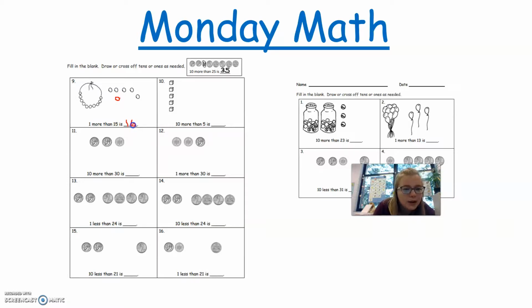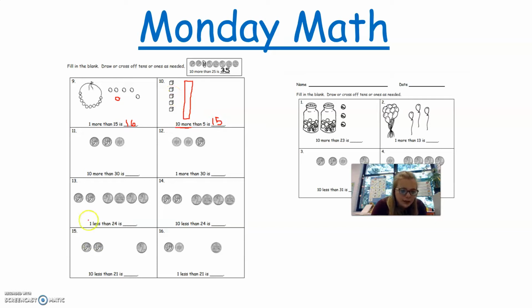Remember, 1 more, you're going to add a 1. This says 10 more. 10 more than 5 is, so I have 5 ones already, but I need 10 more, so I'm going to add a group of 10. So for my 10, I'm just going to draw a big rod. So I have 10, 11, 12, 13, 14, 15. Okay, see how I just added a 10?